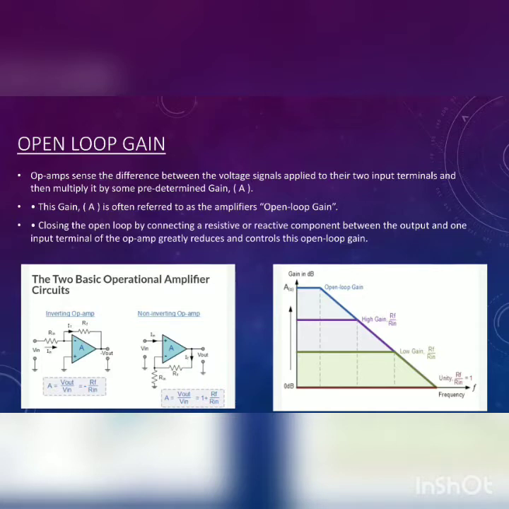Open loop gain is different for an inverting op amp and a non-inverting op amp, which is shown in the diagram given below. The formula is given. This graph shows how open loop gain varies with frequency, and when frequency becomes unity, the gain also becomes unity.